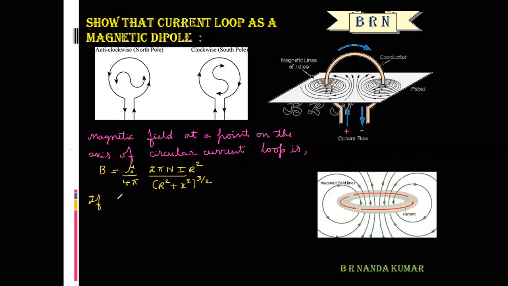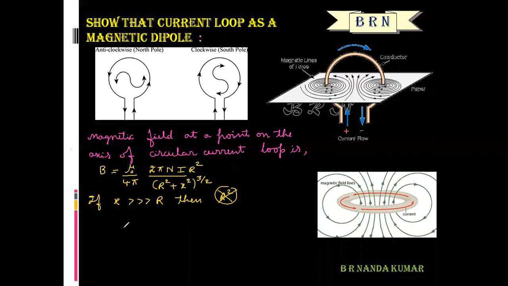Suppose if x is much greater as compared to the radius, then R square is negligible, because r is very small, right? That is why R square is negligible.